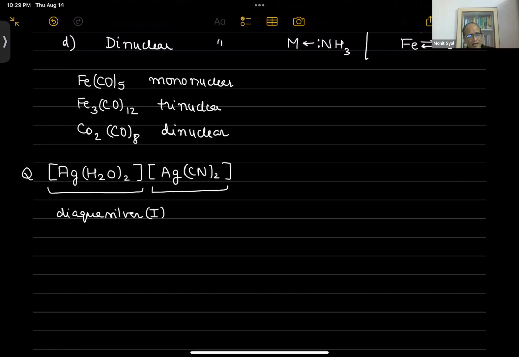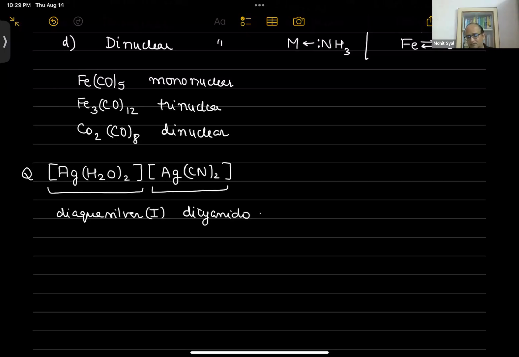Then I will start writing the name of the anionic part starting from its ligand, cyanide. And here in this case, I'm going to use the Latin name with -ate as its ending.